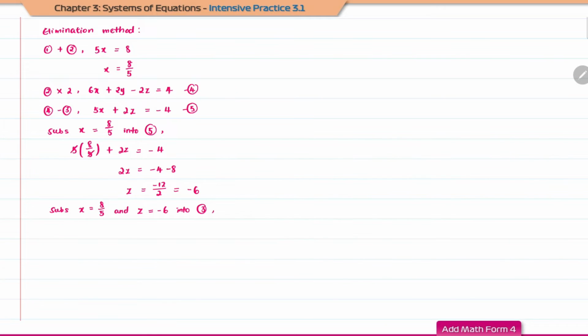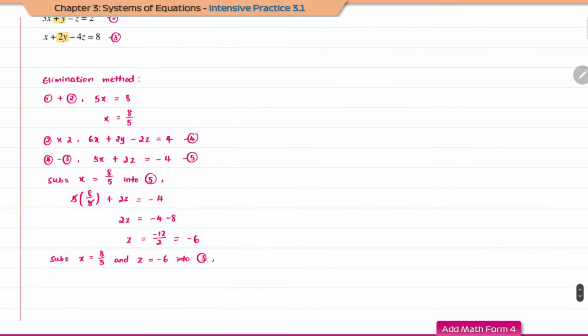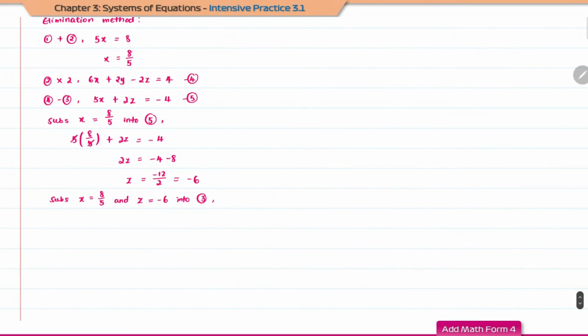So the equations number 3 is x plus 2y minus 4z equal to 8. So the x is 8 over 5 plus 2y minus 4z equal to 8.